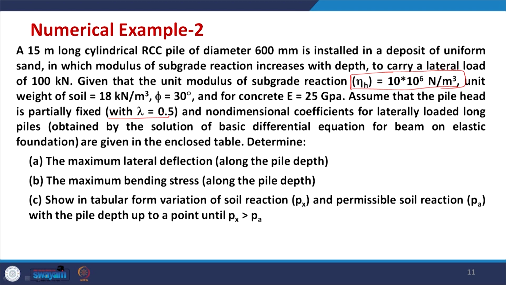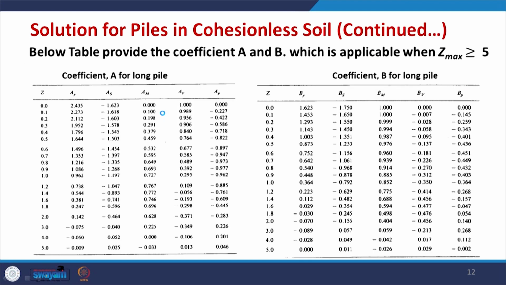Actually here what you need to do in the first two cases, you need to find the deflection and bending stress along the depth and then find the maximum value, that is the objective, to get the maximum value wherever it comes. So, let us see, this is the table which is same as before and this table needs to be used along the depth.